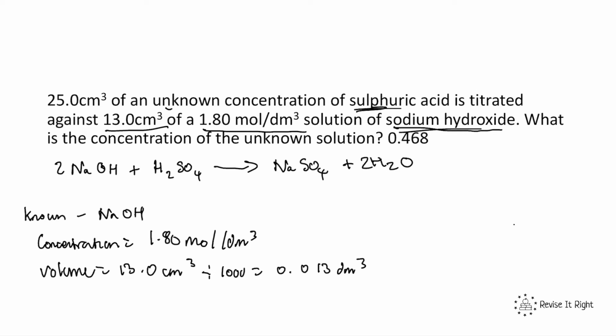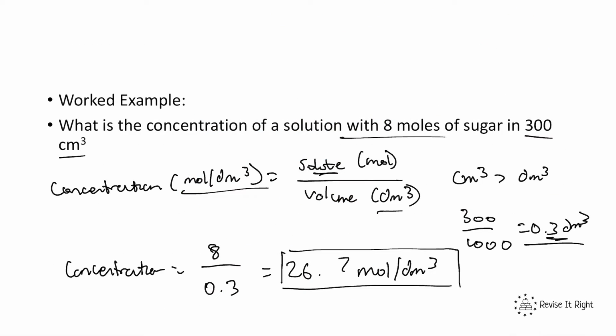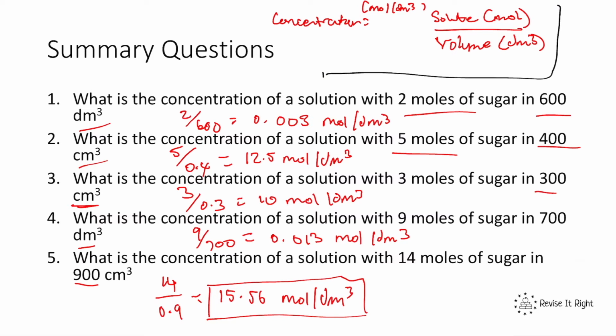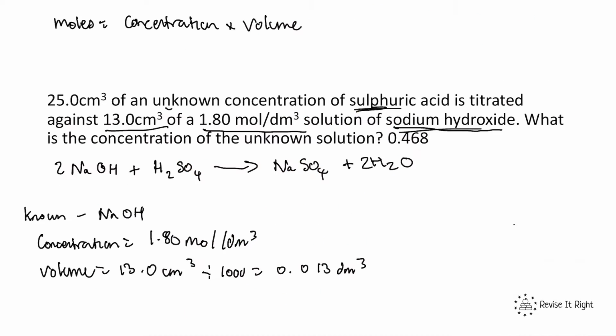If we rearrange the equation that we just looked at, we can get moles is equal to concentration times volume. So if we go back to our previous equation, we've just rearranged that equation there to get moles is equal to concentration times volume.